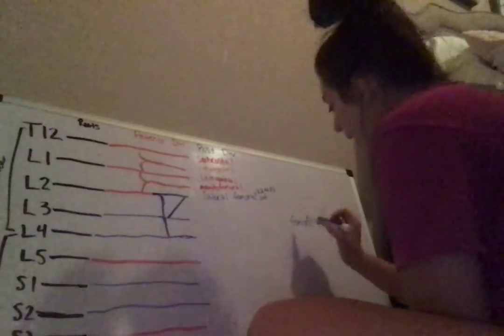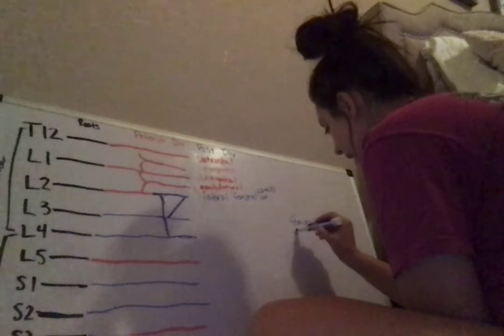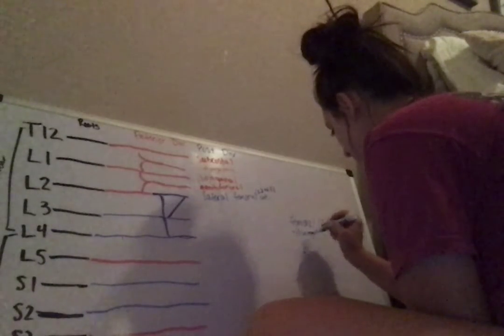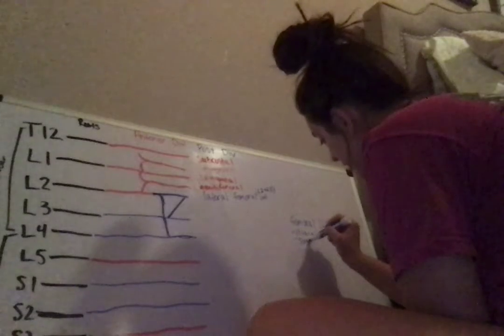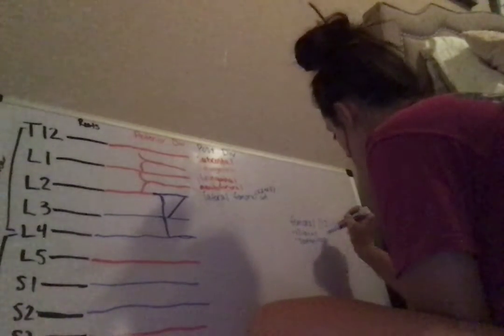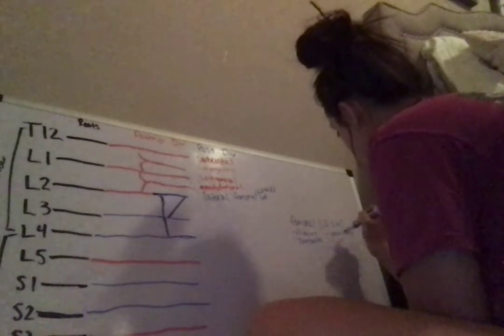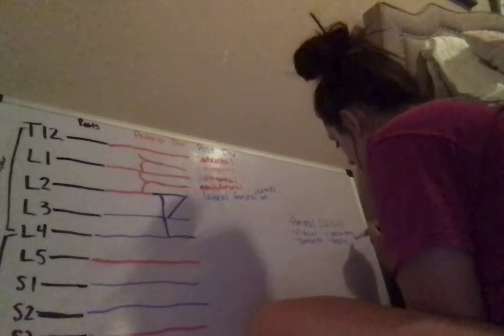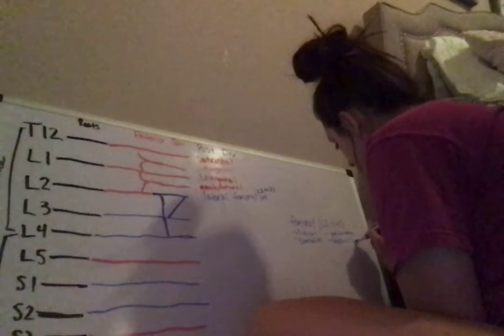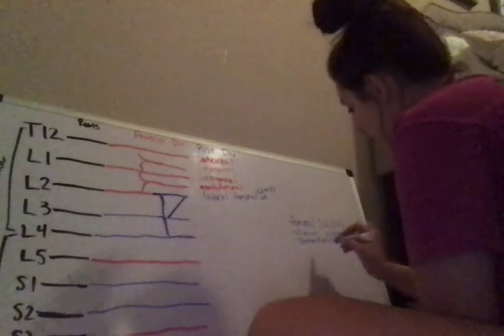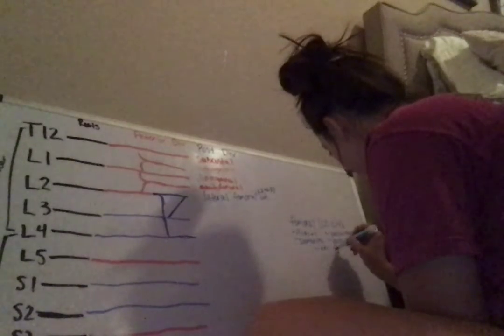And it innervates the iliacus, the sartorius, the pectineus, and the vastus lateralis, medialis, and intermedius, and also the rectus femoris. All right, so that's the femoral.